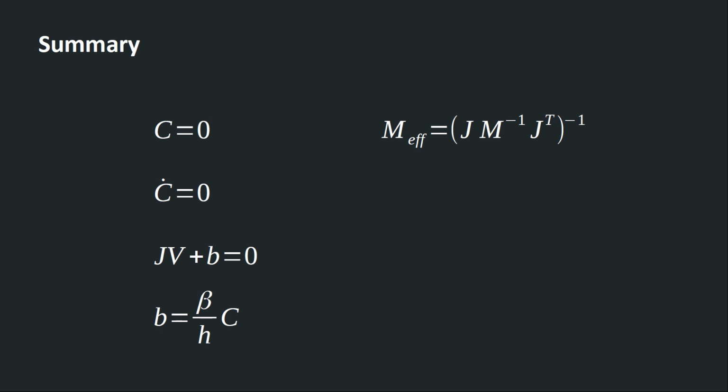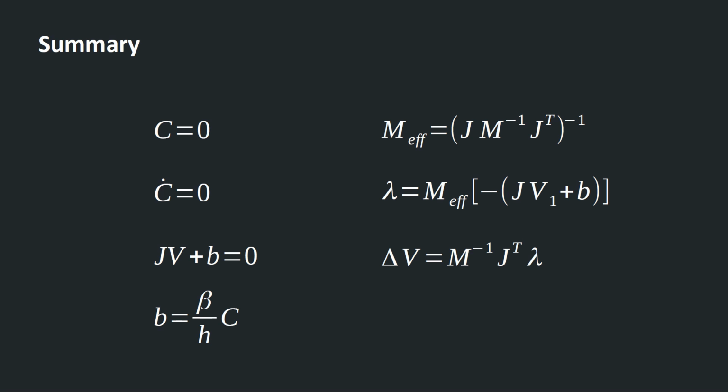And here's the expression or formula for effective mass. Here's the formula for lambda, which is the impulse magnitude required to fix a violated velocity constraint. And here is the change in velocity in order to correct the velocity so that the velocity constraint is satisfied again. That's it. Thank you for watching.